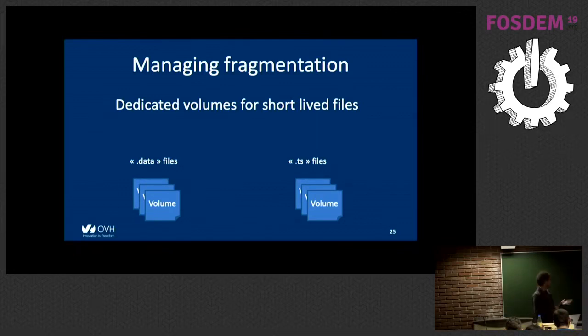Something we can do is dedicate volumes for files we know will disappear shortly. Are you familiar with the tombstone files in Swift? If a user wants to delete an object from a Swift cluster, we do not remove the data immediately. We create an empty file with a .ts extension, which indicates that from the user's point of view, the object is gone, and if they try to get it, they get a 404. But we know that the Swift cluster will pretty quickly remove all files, including that empty file.